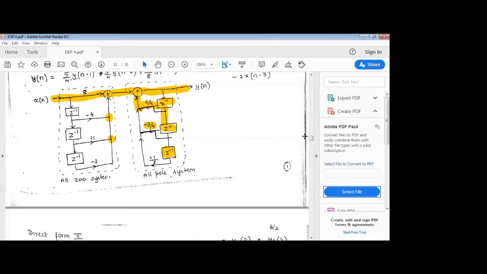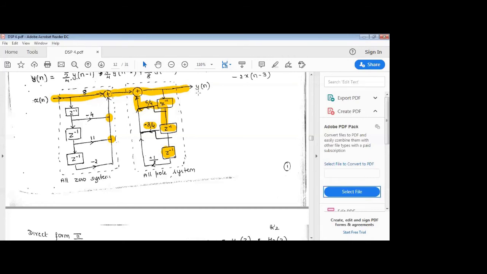So instead of going for a shortcut method, it is better to go with the procedure of finding the expression in terms of y of n. But if I still want to use the shortcut method, of course I can. The first thing is to plot the line from x of n to y of n.